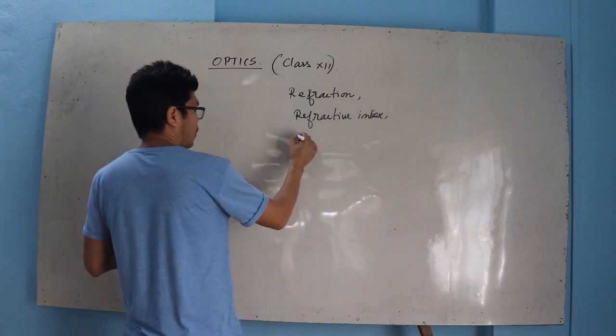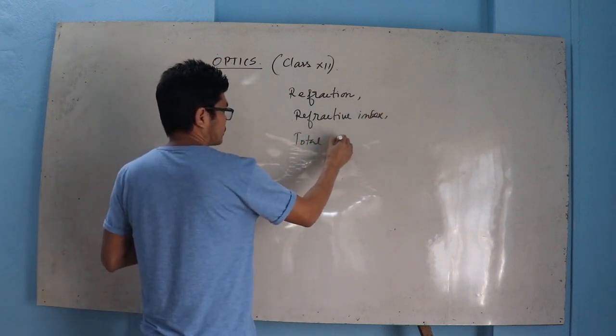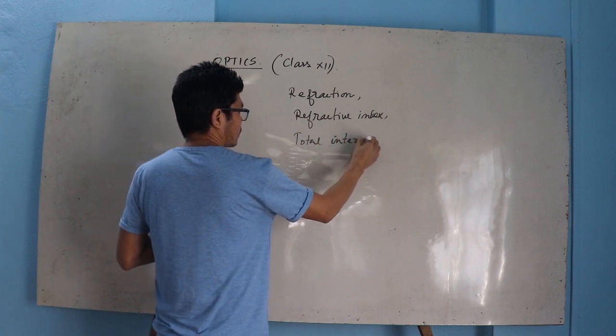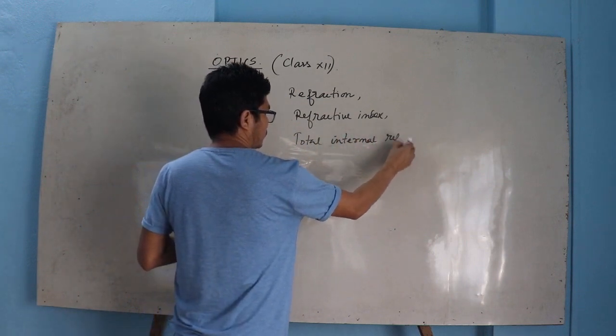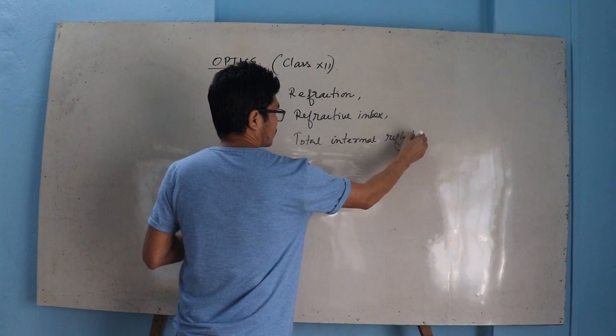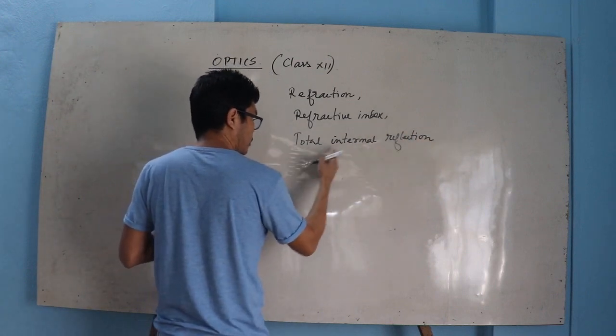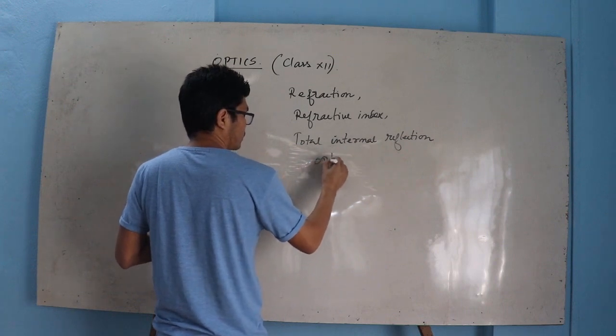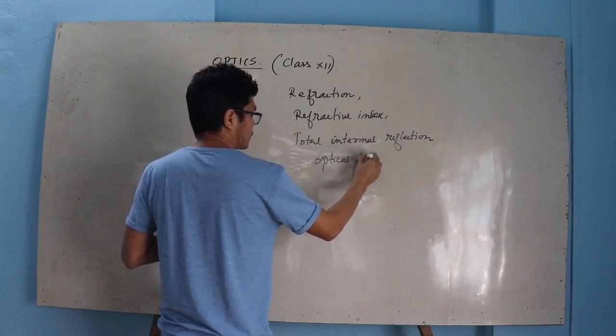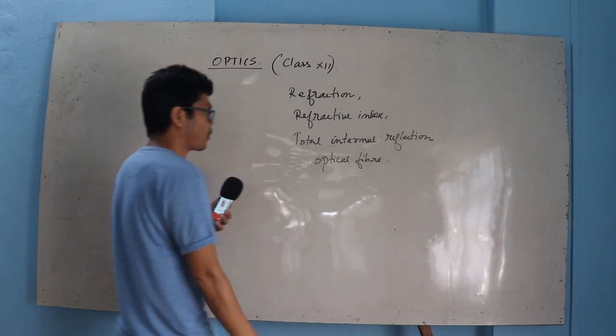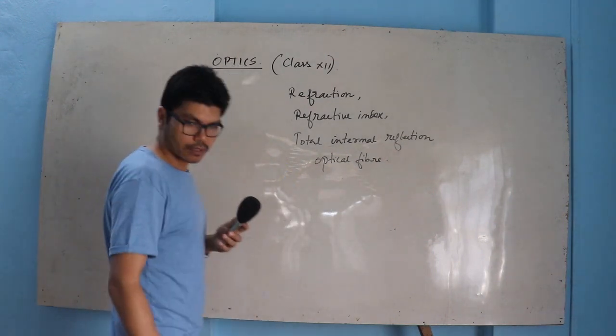After that we'll talk about total internal reflection, and after that the application of total internal reflection, that is in optical fiber. Okay, these will be the topics that we'll be discussing today.